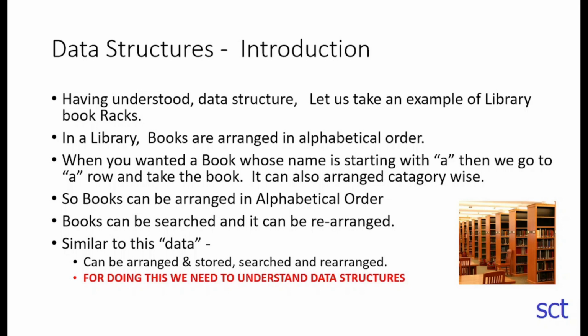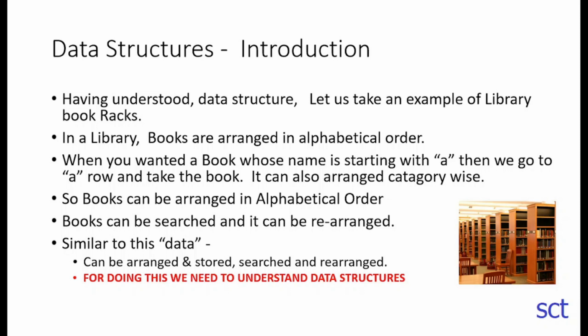So, books can be arranged in alphabetical order. Why do you want to arrange them in alphabetical order? It is easy for searching. You want to do some operation on it, such as searching for a particular book, and that is why we arrange them in an order.